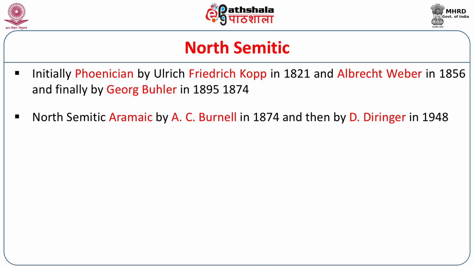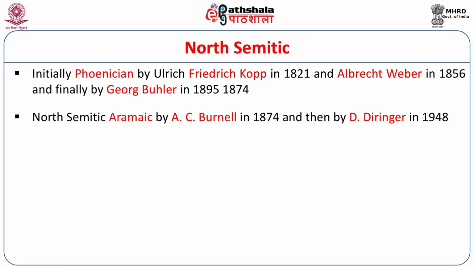His arguments were further buttressed by supplementary evidences like continuous connections with the Phoenician world and so on. It was later by Albrecht Weber in 1856 that this theory was elaborated.